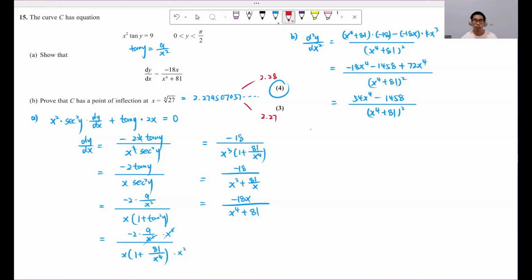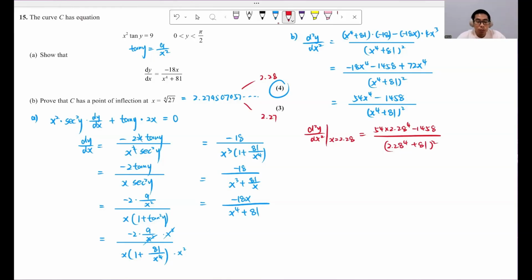So first, I will substitute 2.28 into the second derivative. So 54 times 2.28 to the power 4 minus 1458 over 2.28 to the power 4 plus 81 all squared. So put that in the calculator.